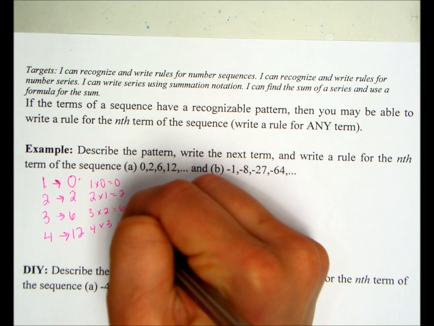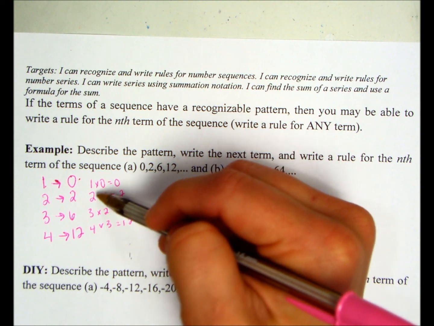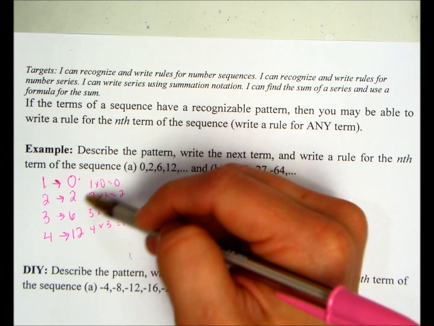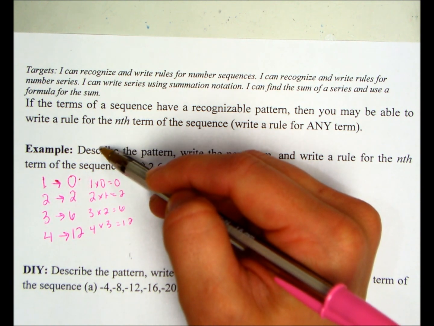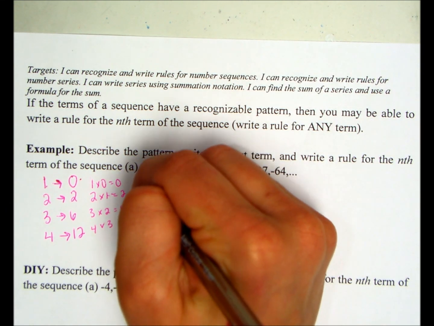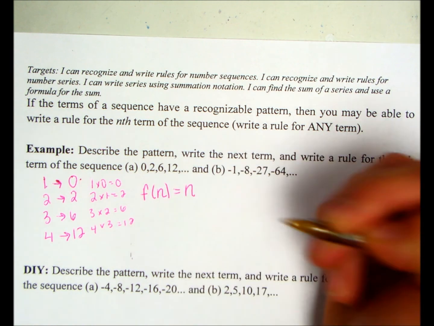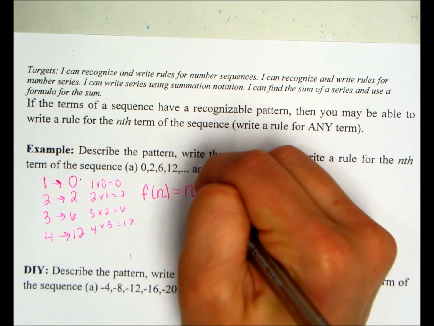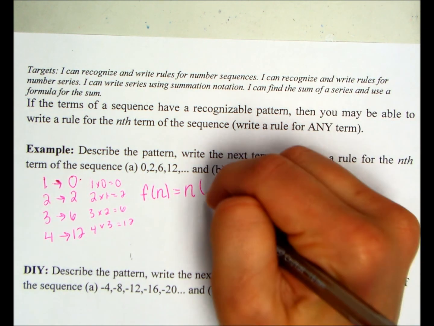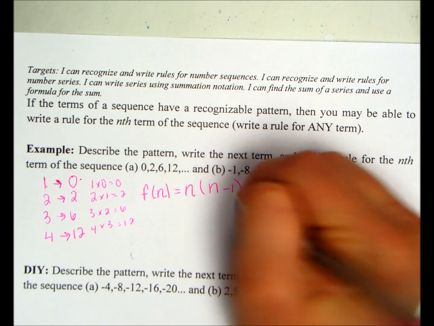So here, what we're really doing is taking the n term and multiplying it by the number before. If I write a rule for that, it's going to be f of n equals n times 1 less than it, so n minus 1.